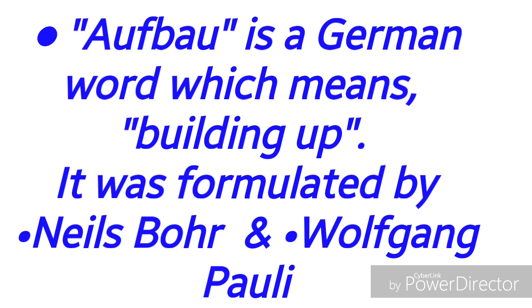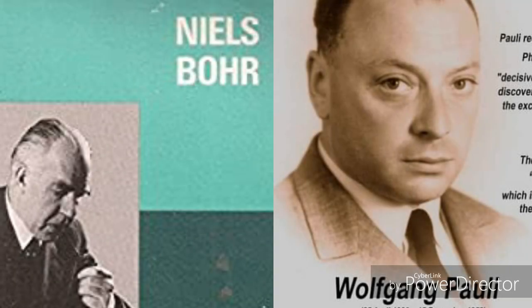So according to Aufbau principle, the electrons are filled first in orbitals of lower energy and then it goes to orbitals of higher energy. Here you can see the photographs of Niels Bohr and Wolfgang Pauli who formulated Aufbau principle.